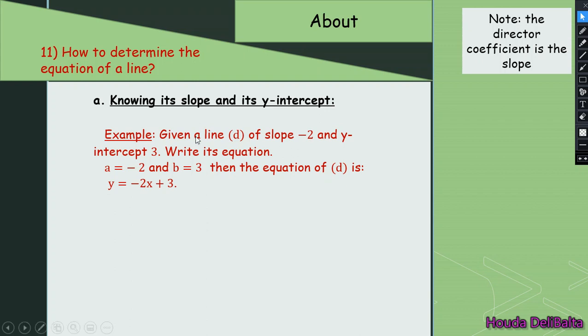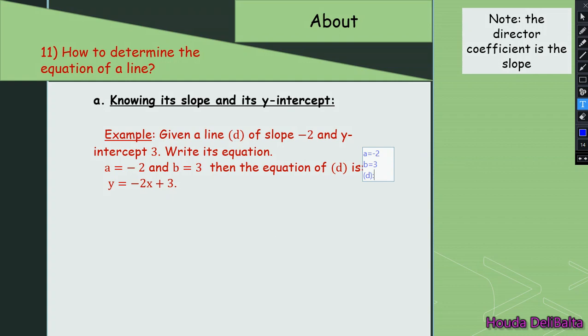Let's see the example here. Given a line D of slope -2 and y-intercept 3, so I have the slope, which is a, so a equals -2, and the y-intercept, which is b, equals 3. And all of us know that the equation of the straight line is written as follows.